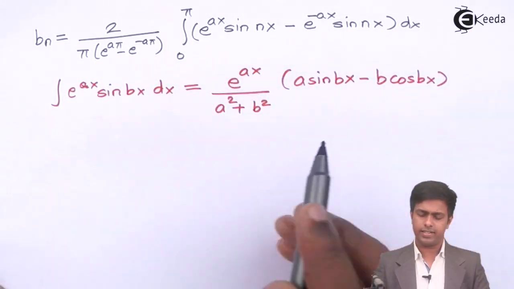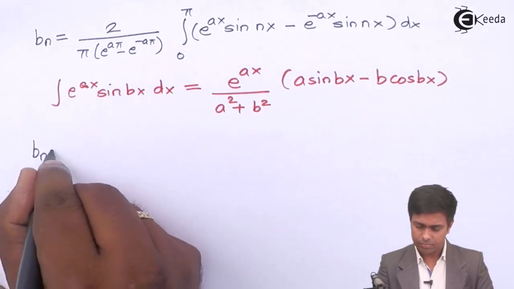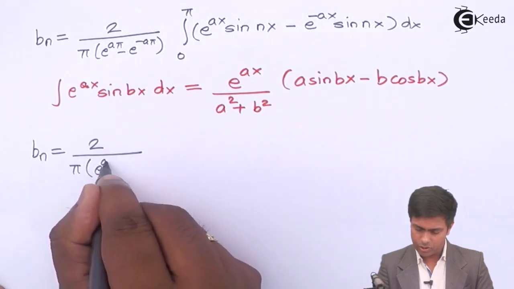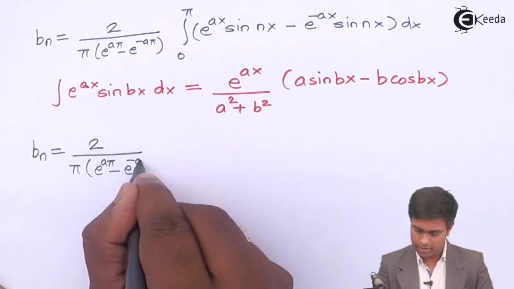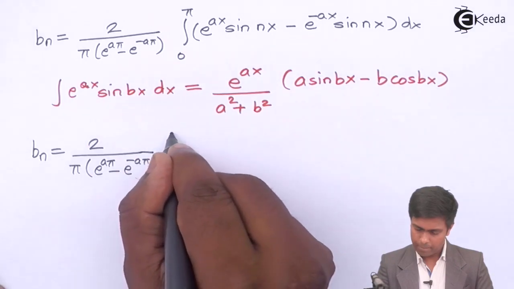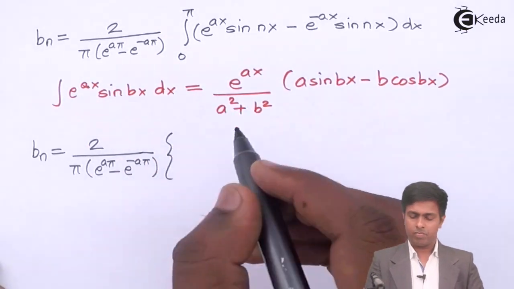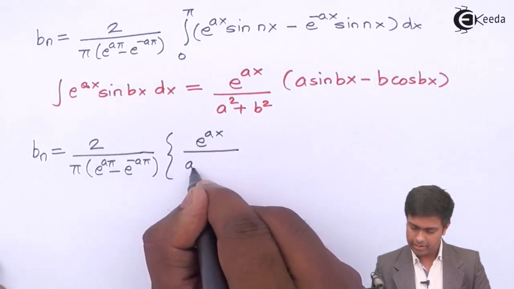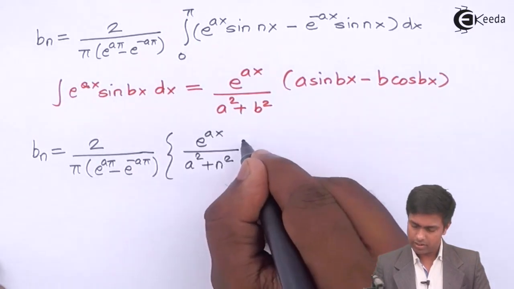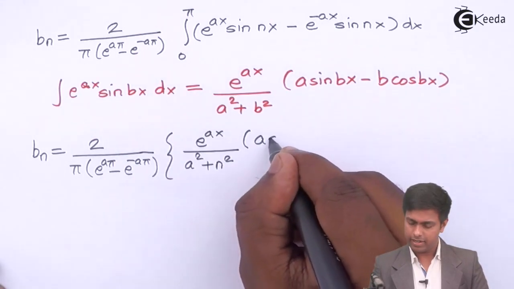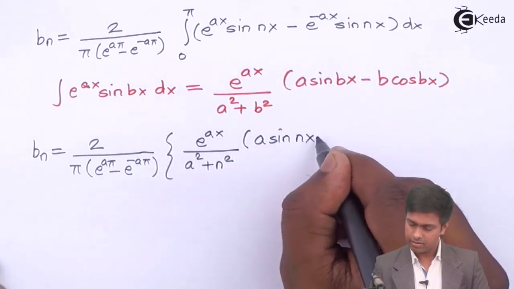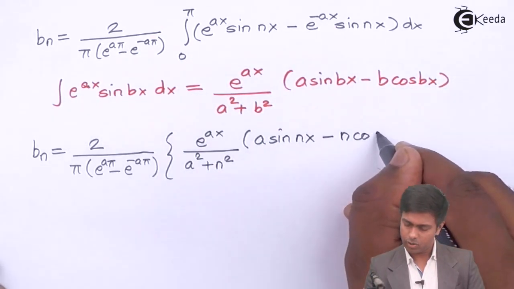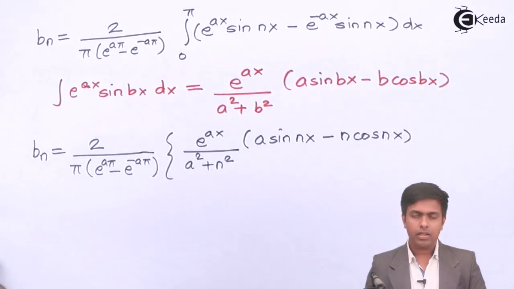So let's change the things. bn will be 2 upon pi into (e raised to a pi minus e raised to minus a pi). In the bracket, this term will be e raised to ax upon (a square plus n square) into (a sine nx minus n cos nx).